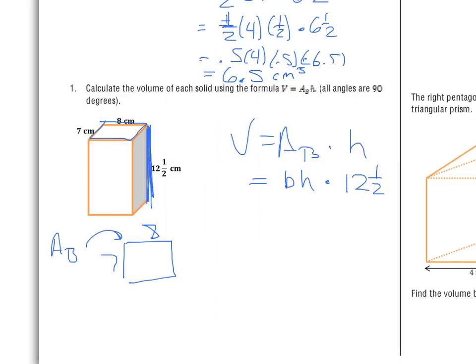Alright, so base times height would be 7 times 8 times 12.5. I'm going to do that calculation on my calculator. And once I've calculated that, I get 700 cubic centimeters.